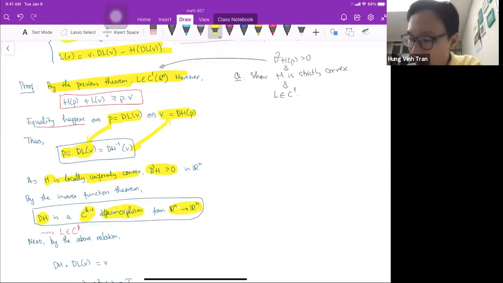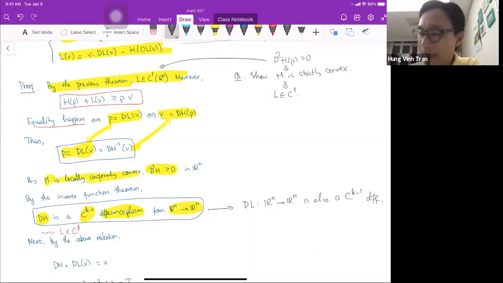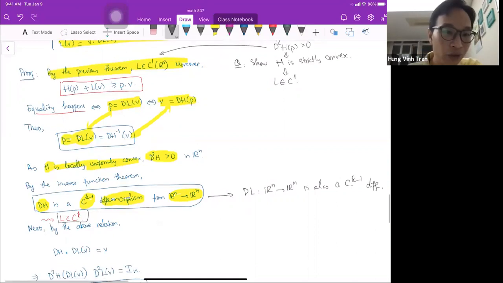Then you also have that dL from R^n to R^n is also a C^(k-1) diffeomorphism, and that implies that L is in C^k. It's beautiful, right? You infer from the fact that dH is the inverse of dL, and if dH is C^(k-1) and dL is C^(k-1), then L is C^k.